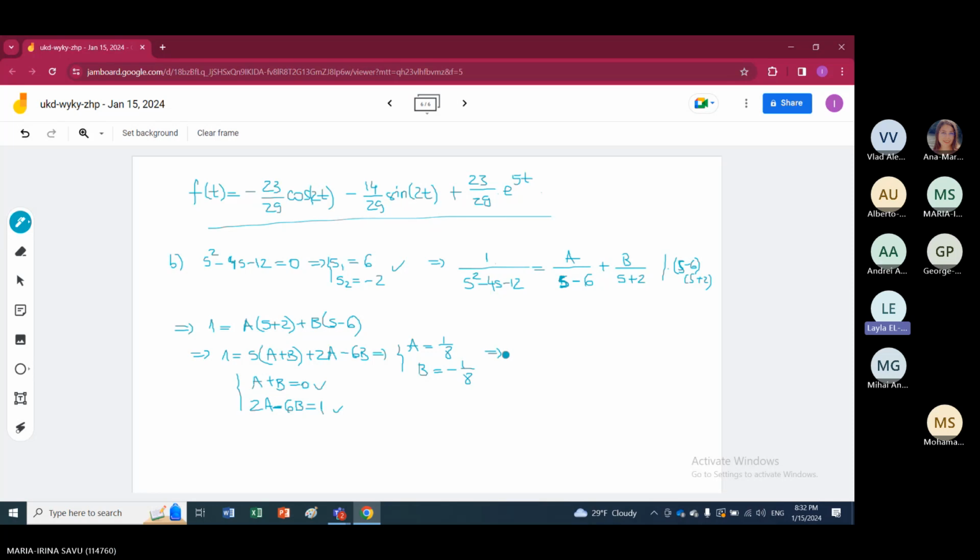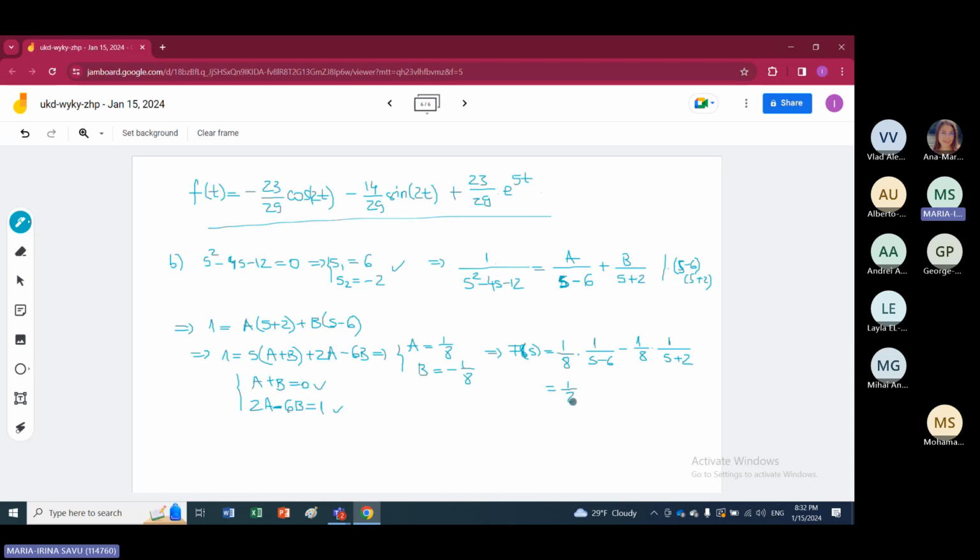And then we're going to have 1 over 8, the Laplace transform of e power 6t. Yes, this one times this one. Minus 1 over 8 times 1 over s plus 2.